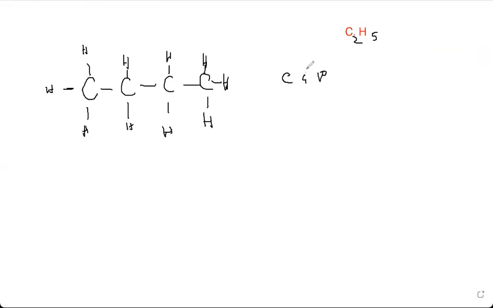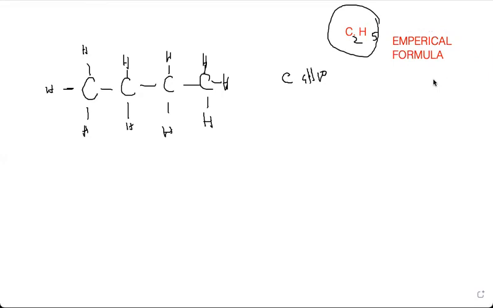Let me tell you one thing: this one is called the simplest ratio, which you already know is the empirical formula. The empirical formula is not the original formula of the compound. Just by looking at the empirical formula, you cannot find which compound this is. So the empirical formula is not the real formula.